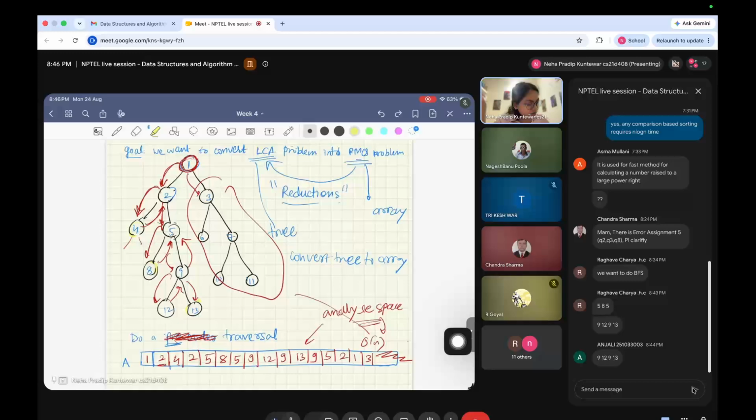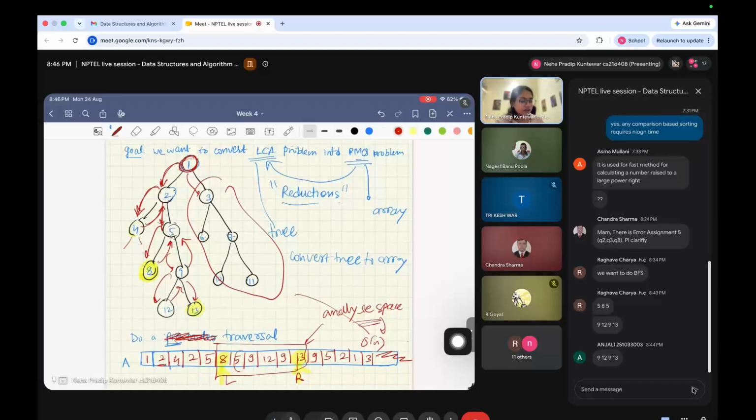The issue with 8 and 13 is that it's not a very good example because it occurs only once. So if I have to find the least common ancestor between 8 and 13, I will locate these values in the array and find the range minimum query. Take this as L, take this as R, and find the minimum value in this subarray.